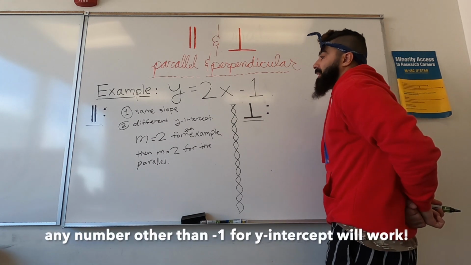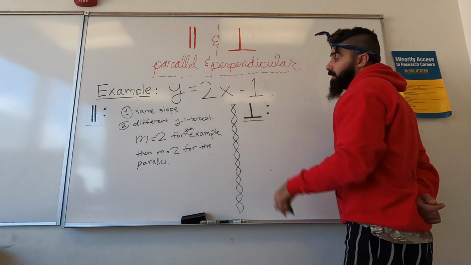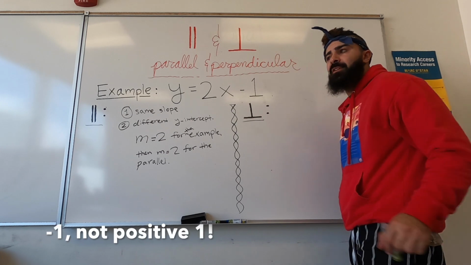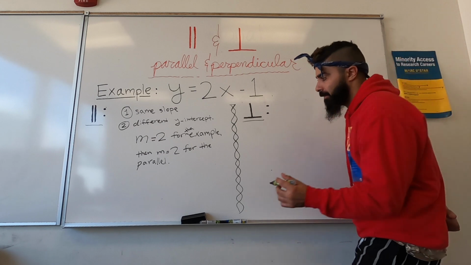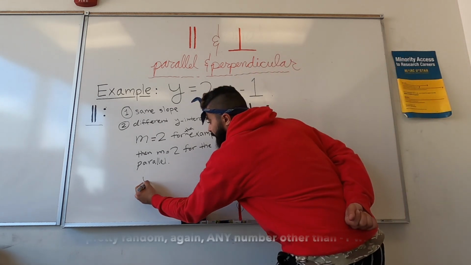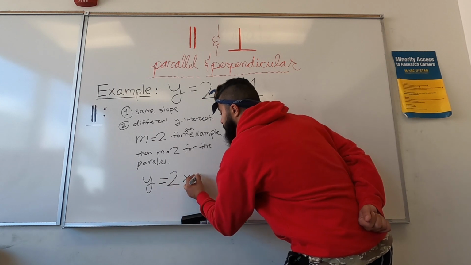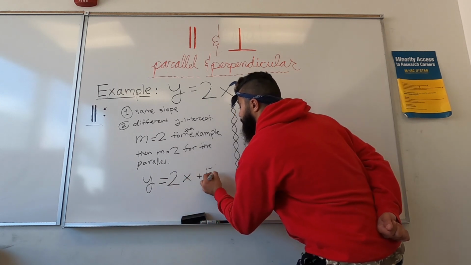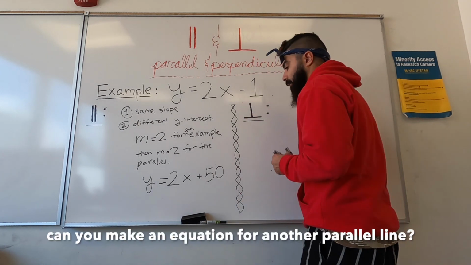All right? And we can take any y-intercept you want. Any number in the world besides 1 will work. We can take 0, 1, 2, 3, 4, 5. Let's just take a number besides 1. Let's call it 50. Doesn't matter. You could put anything you want. y equals 2x plus 50 is a line that is parallel to our example.